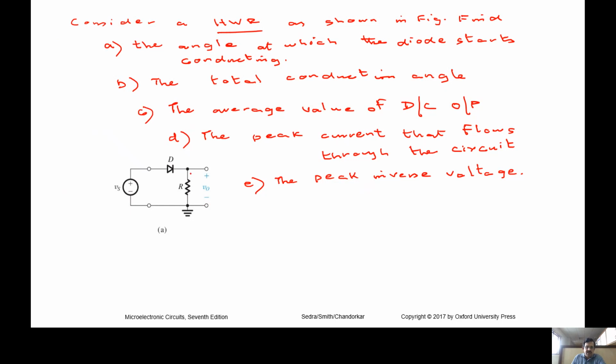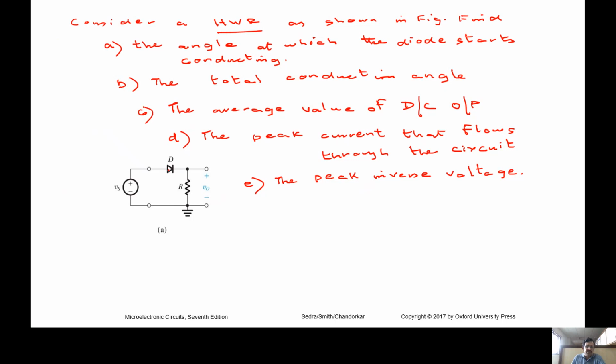To get to the first question, the angle at which the diode starts conducting: in the half-wave rectifier we have connected only one diode, and the diode conducts only when it is under forward bias. The input supply alternates between positive and negative.